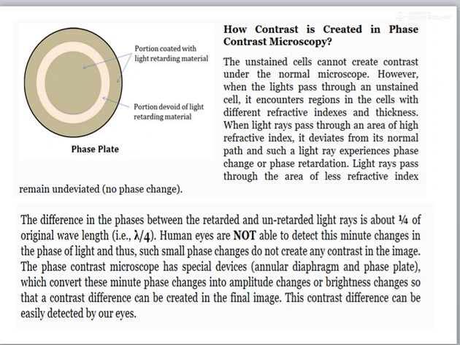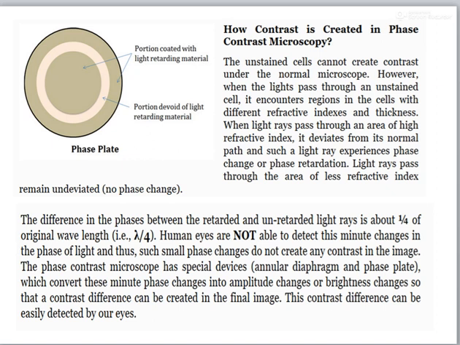So if it is a retarded as well as an unretarded ray, they will have a difference of 1/4 lambda of wavelength. So what happens?